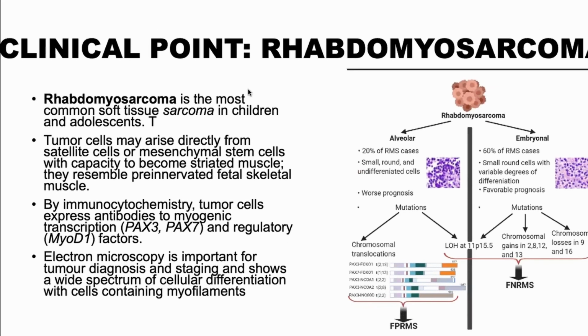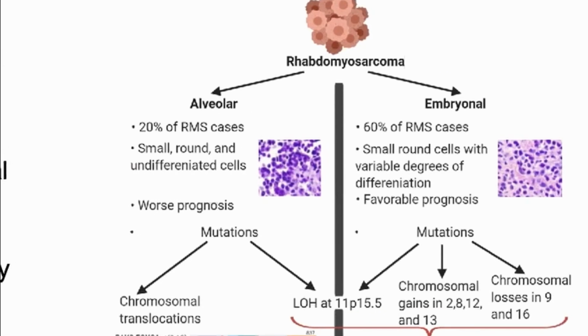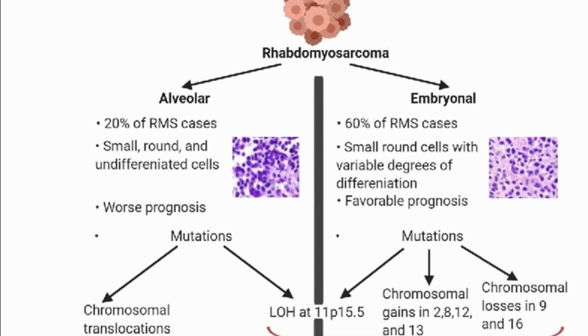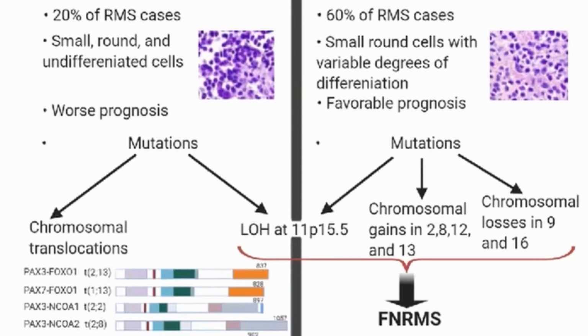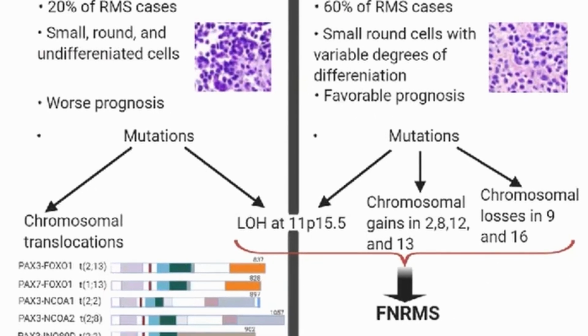There's also a condition called rhabdomyosarcoma. This is basically a tumor of the muscle and it sometimes affects kids. The tumor sometimes can arise from the satellite cell or the mesenchymal cell, and they are usually striated muscle. There's a genetic mutation again, where the tumor cells express even antibodies to the transcription factors that are regulatory for the muscle itself, like PAX.